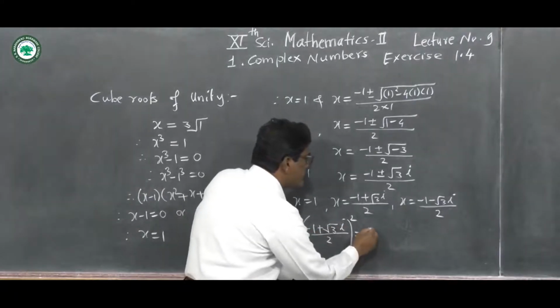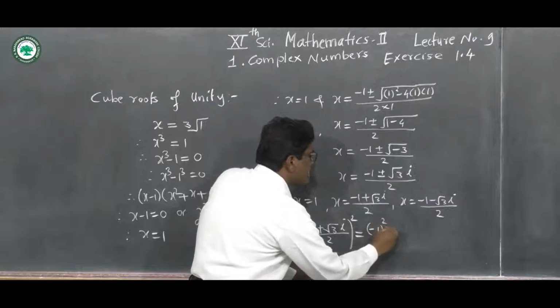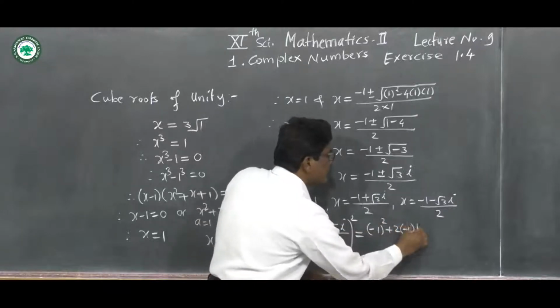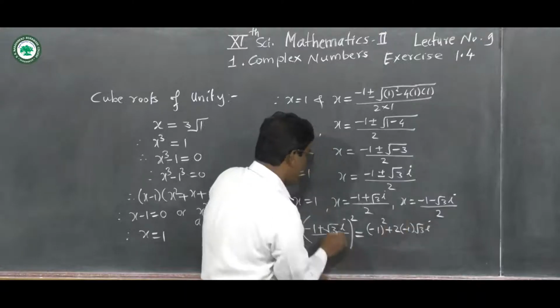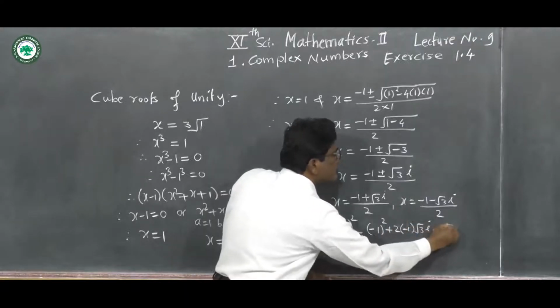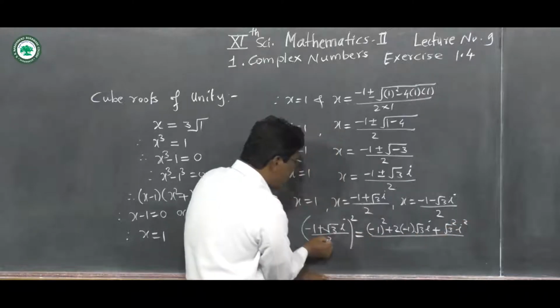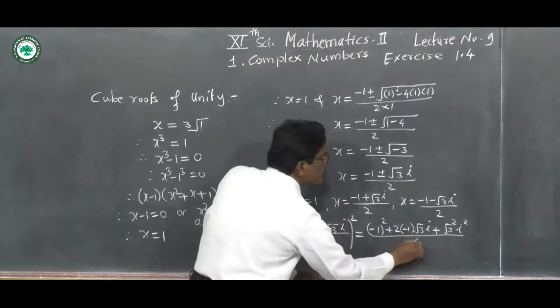So a square means here minus 1 square plus twice a means minus 1, b means here root 3 into i, and plus b square means root 3 square into i square, and divided by here denominator square 2 square, that is 4.